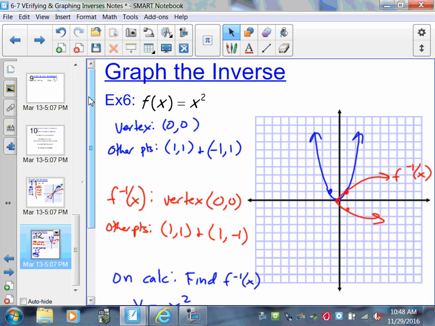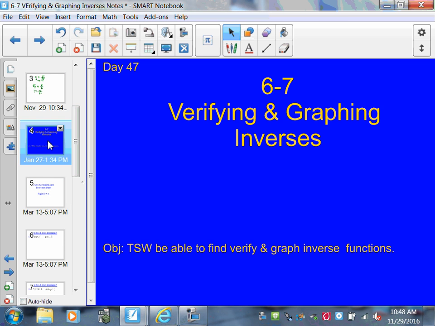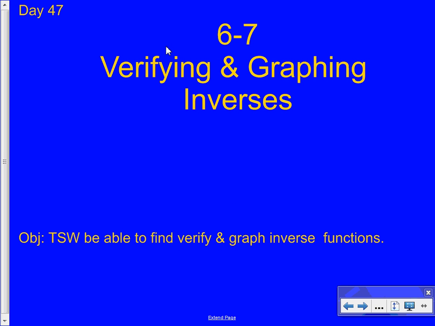All right. So here's the new stuff. Not really new stuff. To prove that two functions are inverses, take their composition. If you compose them and the answer is x, then the two are inverses.